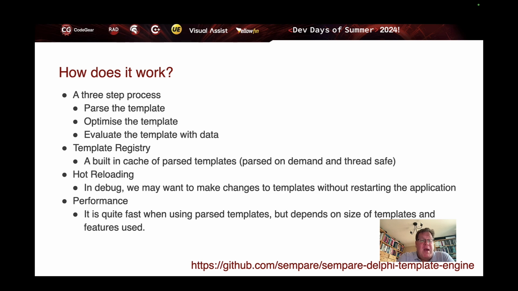And if you want to compare the performance of, let's say, the Sempare Template Engine with Moustache, or any of the other template engines out there, again, you're going to notice a difference, because not all template engines implement the same number of features, and the more features you have, there's likely going to be a small penalty that's paid appropriately. But the design of the Sempare Template Engine has been to try to keep it as optimal as possible.